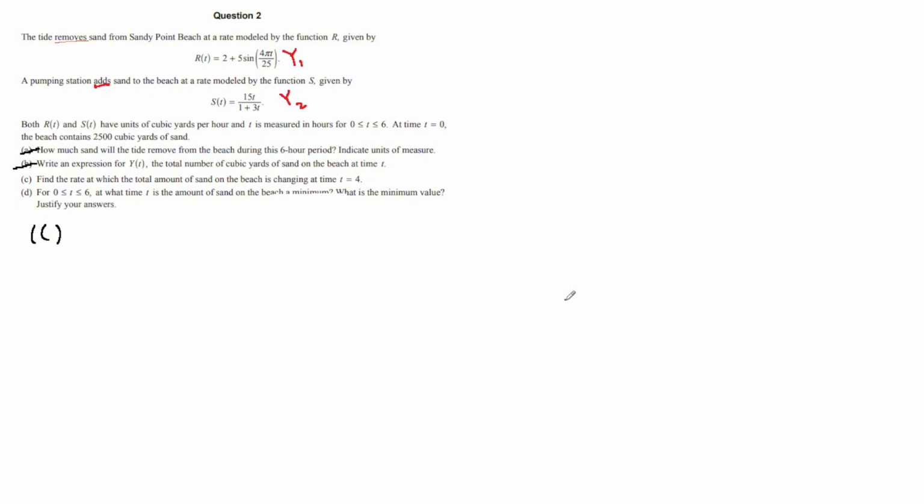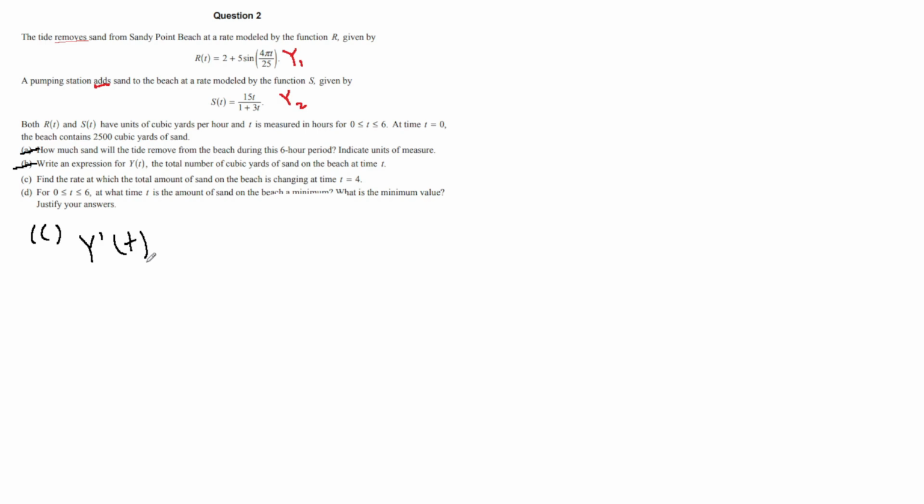So what we want to do is take s of t, the amount of sand added. Well, first, for the sake of the free response question and getting all the points, let's write y prime of t, because remember, y of t is the total number of cubic yards.